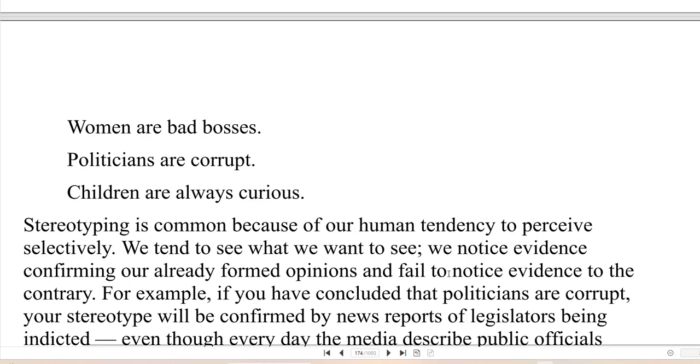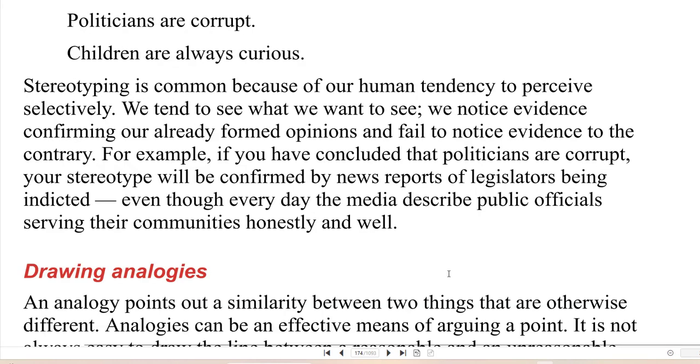We notice evidence confirming our already formed opinions and fail to notice evidence to the contrary. For example, if you have concluded that politicians are corrupt, your stereotype will be confirmed by news reports of legislators being indicted, even though every day the media describe public officials serving their communities honestly and well.